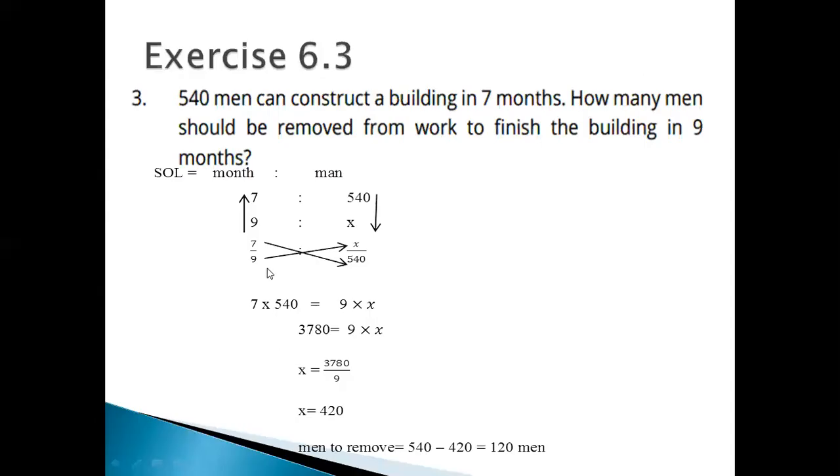So in indirect ratio, when the number of months increases, the number of persons automatically decreases. Now, the number of months increases from 7 to 9, and the number of persons decreases from 540 to X. So 7 over 9, X over 540.